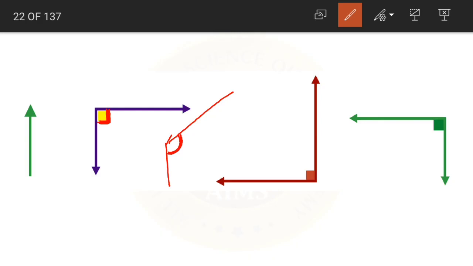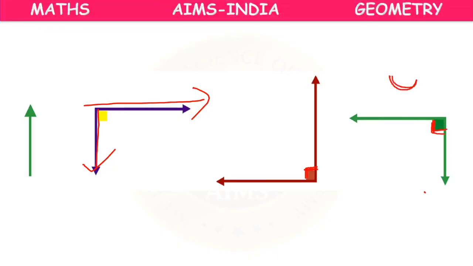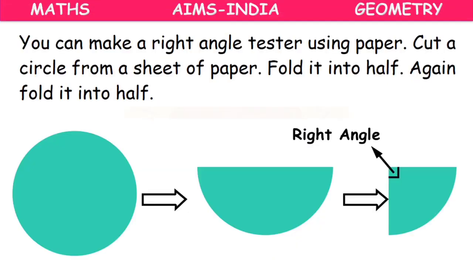But as it is a right angle, we draw this L shape here. Is this clear, children? An angle which is formed in the L shape is called a right angle. And this is also an important thing to remember, that we draw the L shape here instead of the normal semicircle.